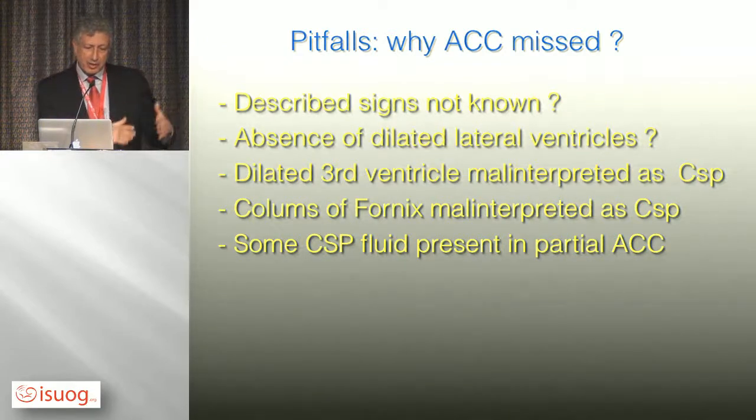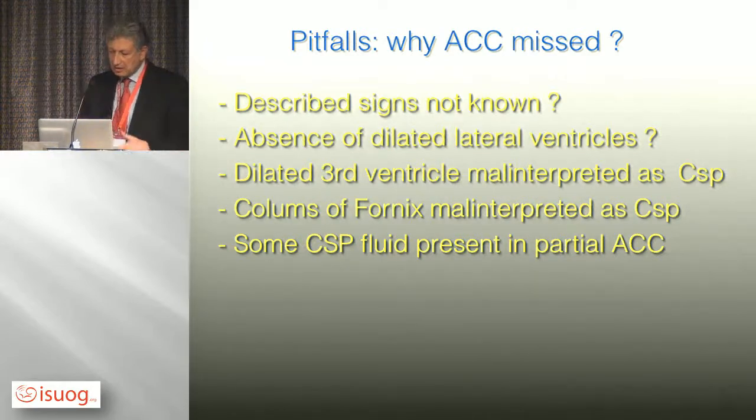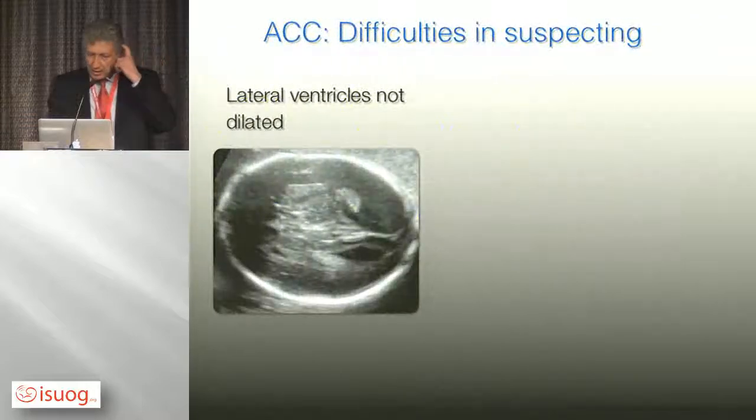According to Pilu in his book, they of course have by far more partial agenesis and rarely complete agenesis, because these are the syndromic cases, and they see more cases which escape our detection on antenatal ultrasound. These are the hints why it's difficult to detect.